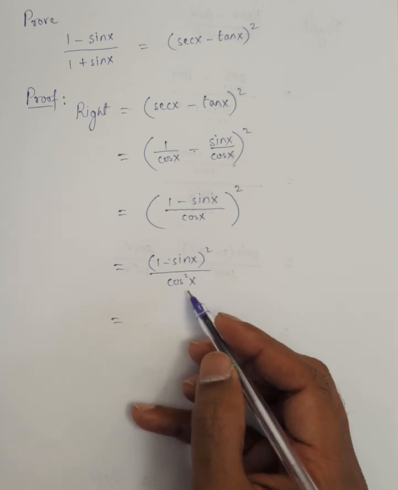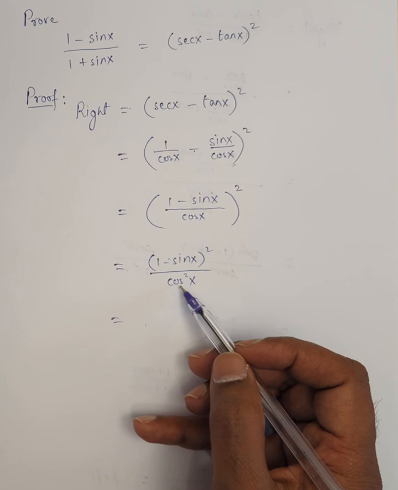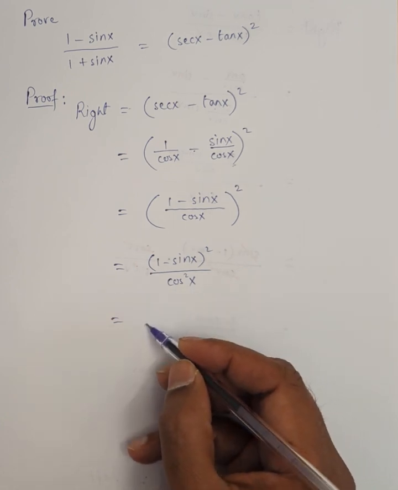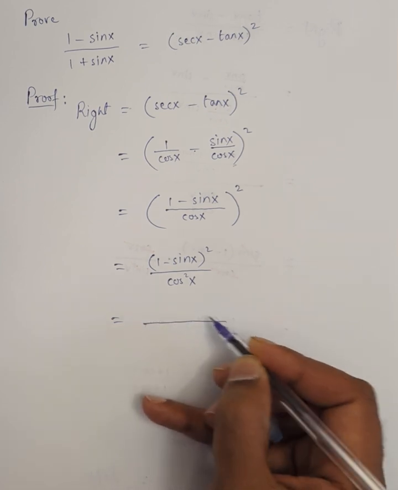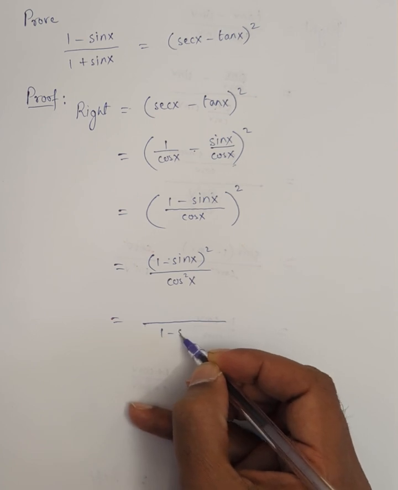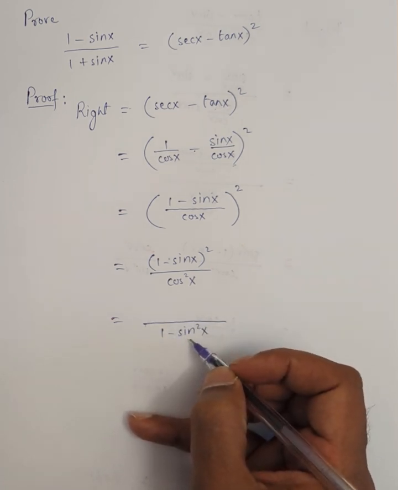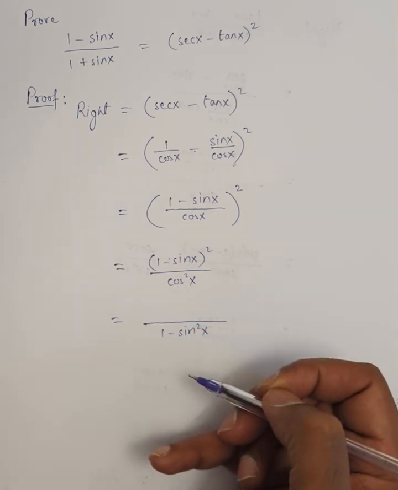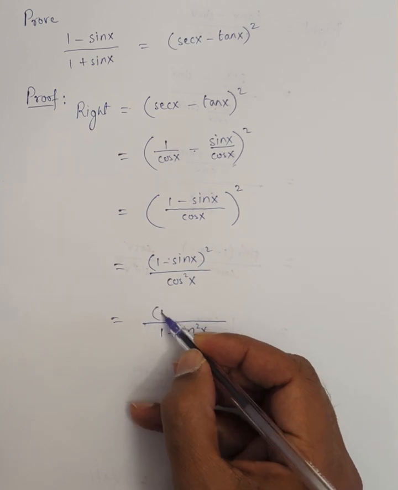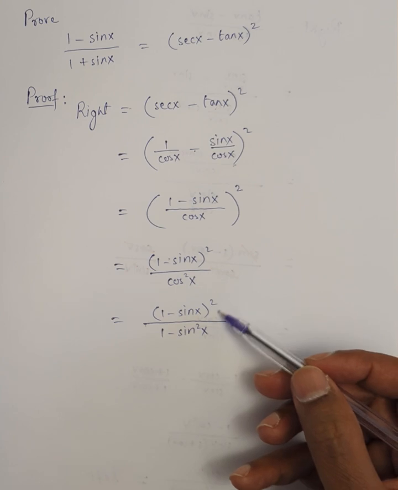Notice cos² x could be written as 1 minus sin² x. So I'm going to write the denominator as 1 minus sin² x. This comes from the Pythagorean identity, sin² plus cos² equals 1. And the numerator is (1 - sin x) quantity squared.